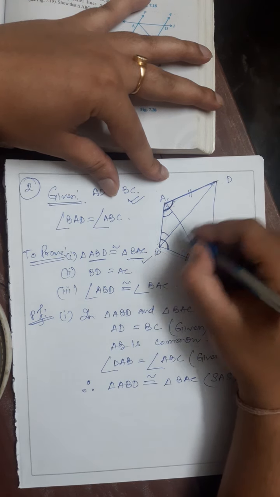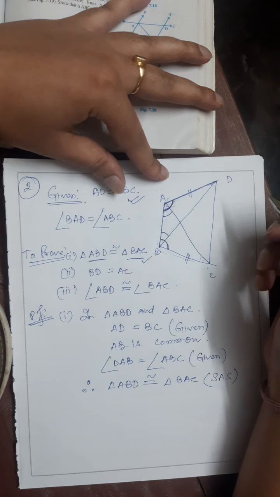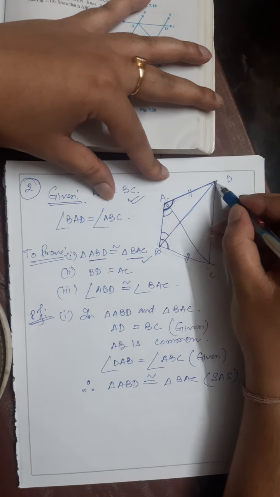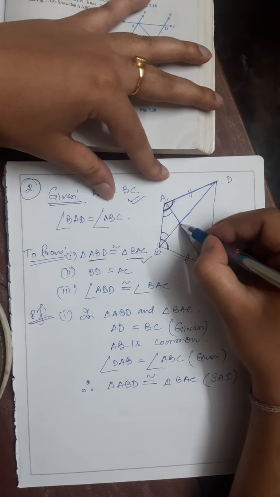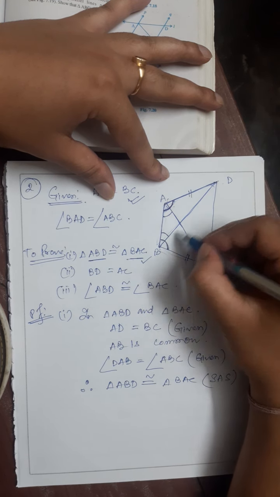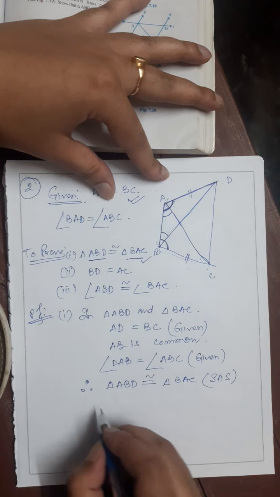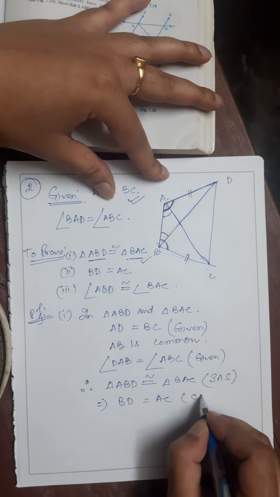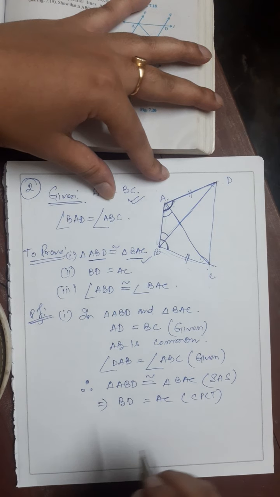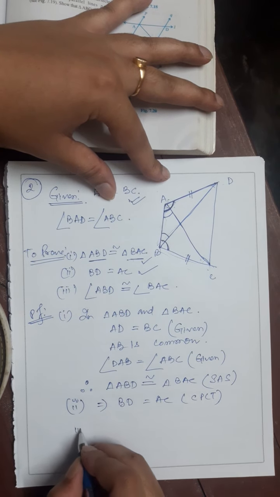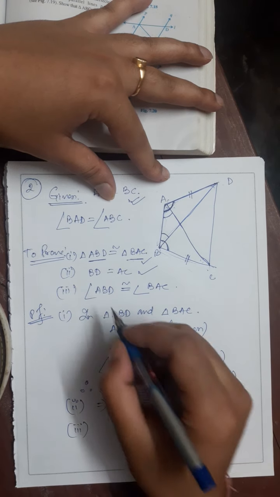So when two triangles are congruent, we can take CPCT. So in this triangle BD and in this triangle AC, we can take this equal because these two sides are the parts of the two congruent triangles. So we will write BD is equal to AC, CPCT. Second proof is also done. Third is angle ABD.